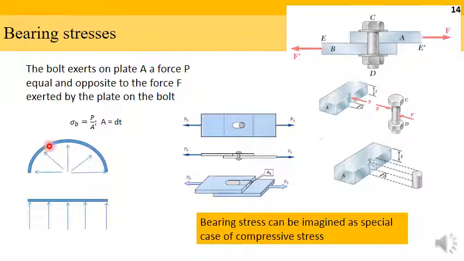The equivalent of this is that instead of this curved semicircle with diameter d, I am replacing it with a single line of length d, and all of them are subjected to normal forces. It turns out that both of these are equivalent to each other, and therefore sigma b, or the bearing stress, is P divided by A, where A is diameter into the thickness.